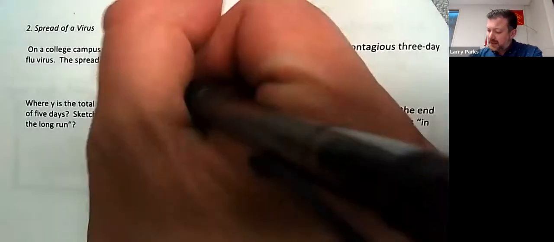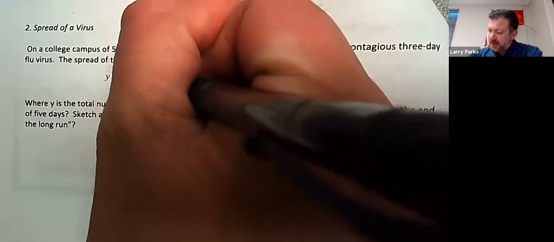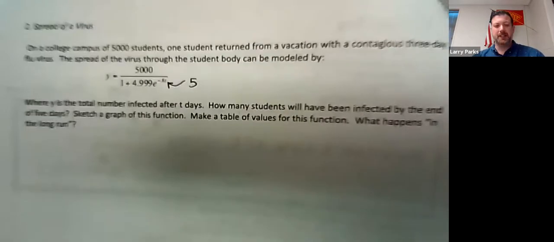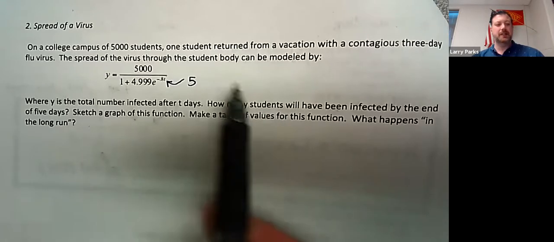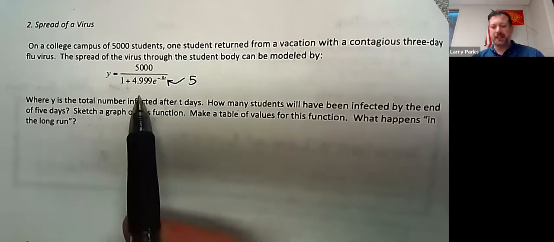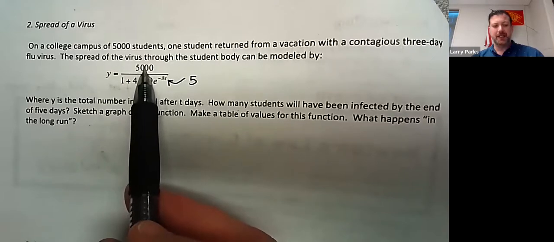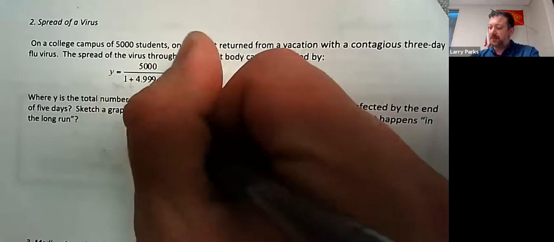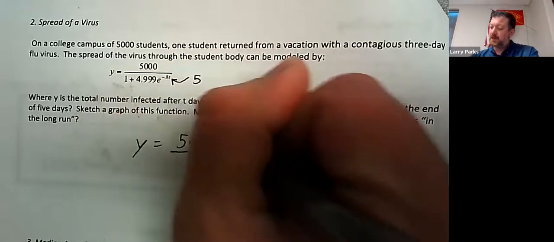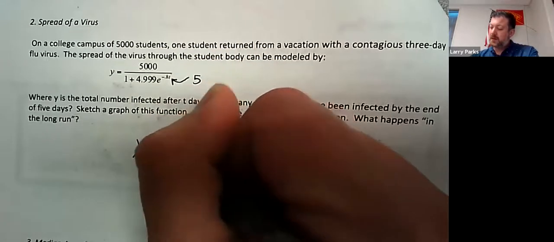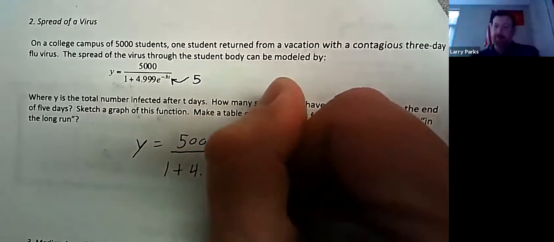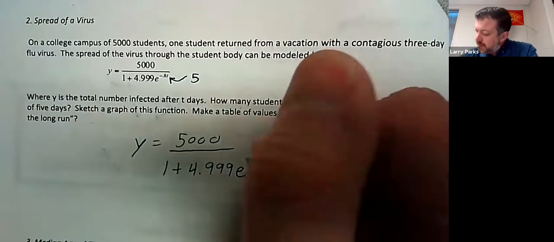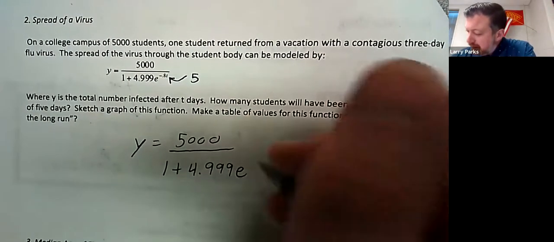So they want to know how many students have been infected by the end of 5 days. So we know that this T, we're going to put in a 5. Y is the total number of students. So really all they're asking me to do is take this and plug it in and see what I get. Is that negative 0.8 T?